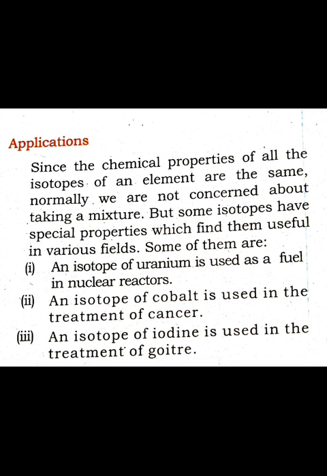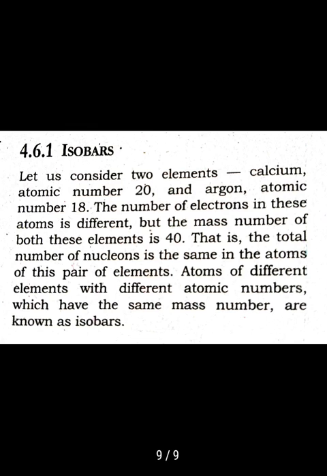So what are isotopes, example and its application. Now we can see isobars. In case of isotopes, we have seen they are the atoms of the same element with the same atomic number but difference in the mass number.